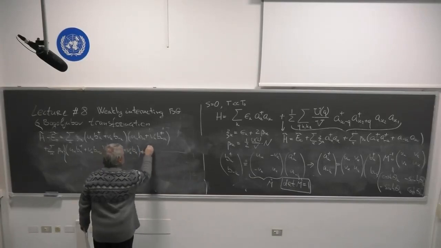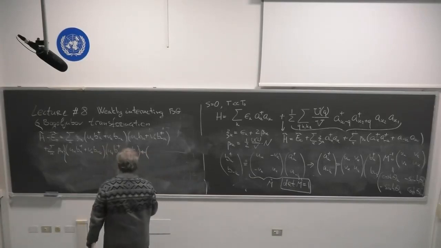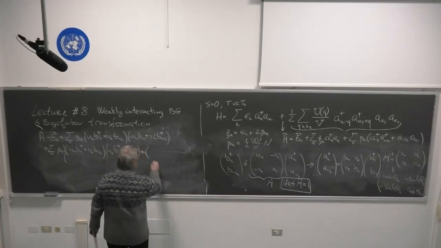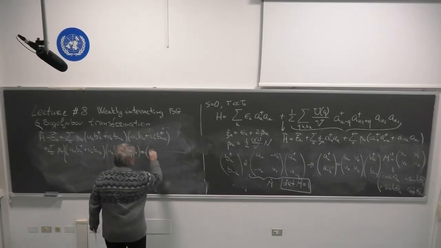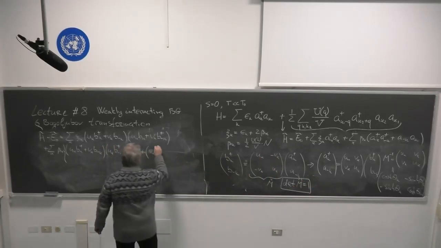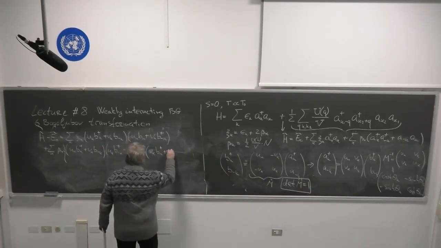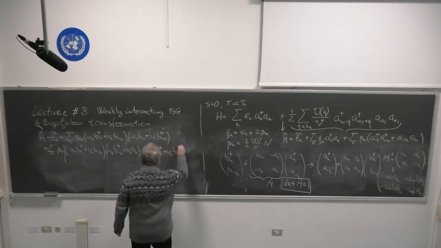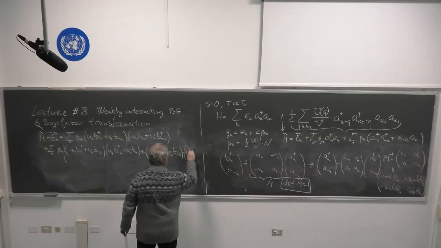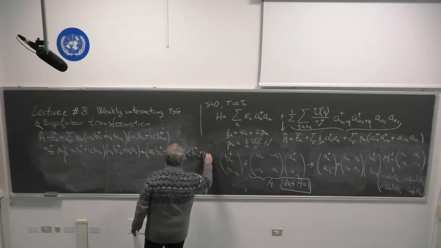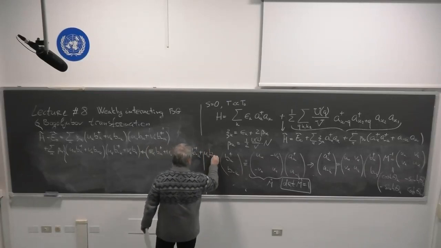Plus the second term, A minus K, AK. So A minus K is VK BK dagger plus UK B minus K, times VK B minus K dagger plus UK BK.